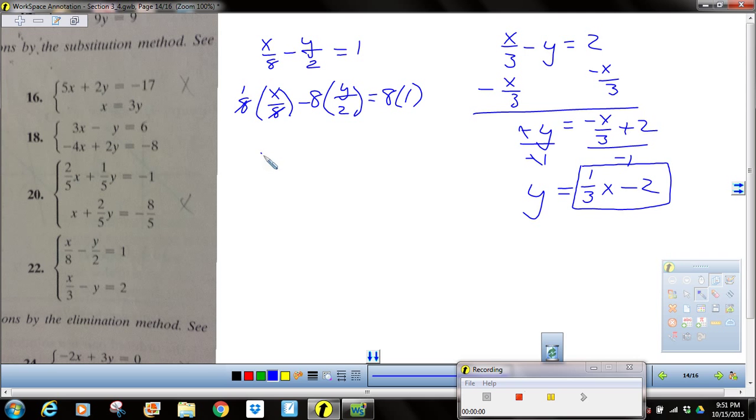One times x is x. 4 times y would be negative 4y equals 8. Now I'll substitute.